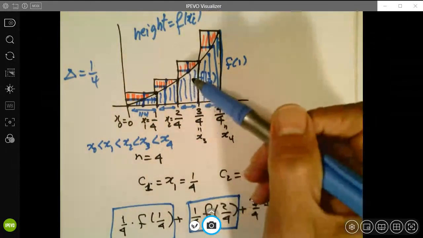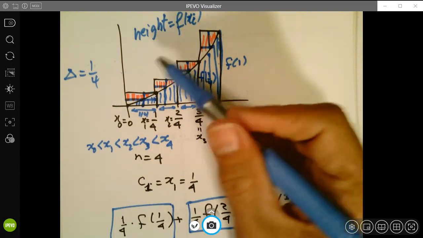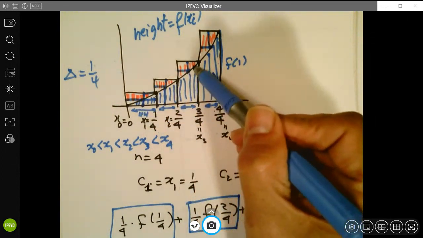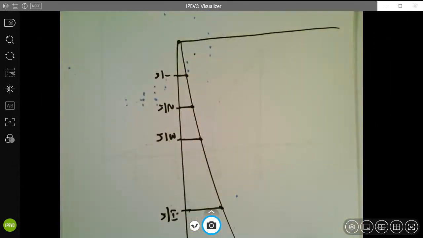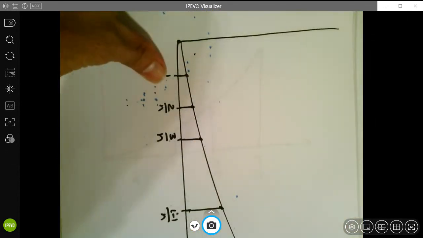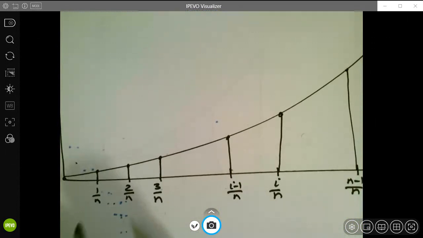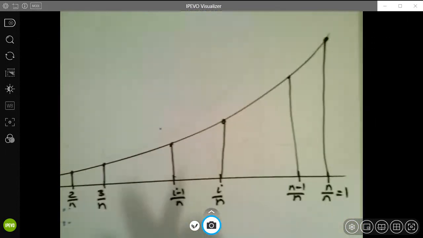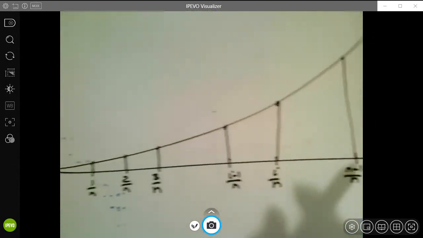Then it will be much better. Actually, we remove this one, I will get just this one, and this one will go to 0. Let me just give you the picture. Okay, if you take 1/n, 2/n, 3/n, up to (n-1)/n, all the way to n/n.